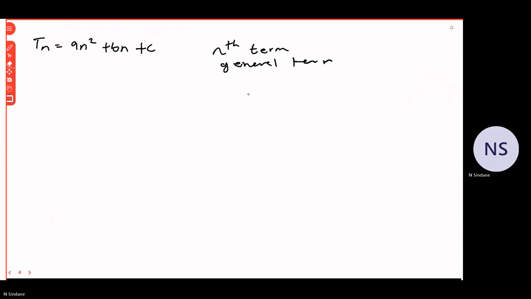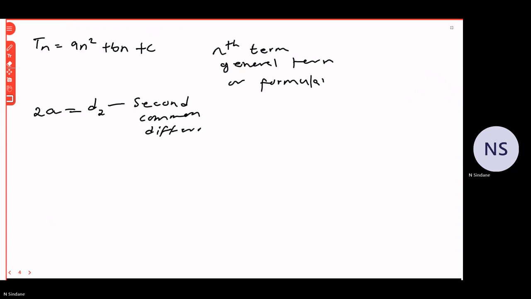Now you need to be able to calculate the value of a, the value of b, and the value of c. The way to calculate the value of a is to say 2a is equal to d2, which is the second common difference. Right? This is the second common difference, d2.